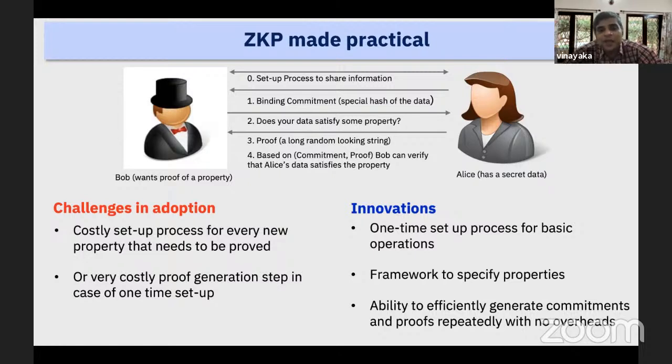So for example, think of it like this: let's say you have a very special algorithm that you have come up with today, and that algorithm can solve satisfiability problems.